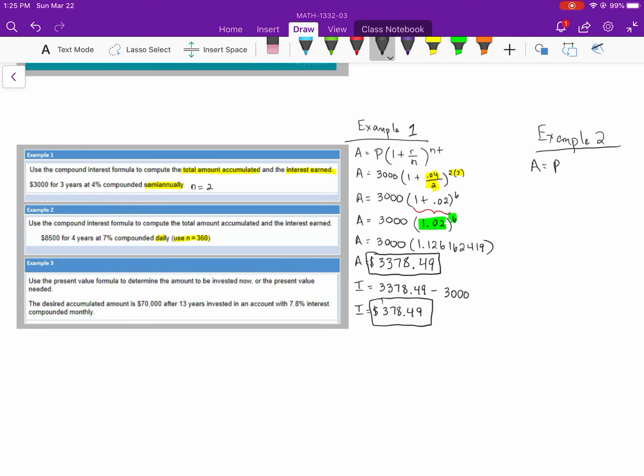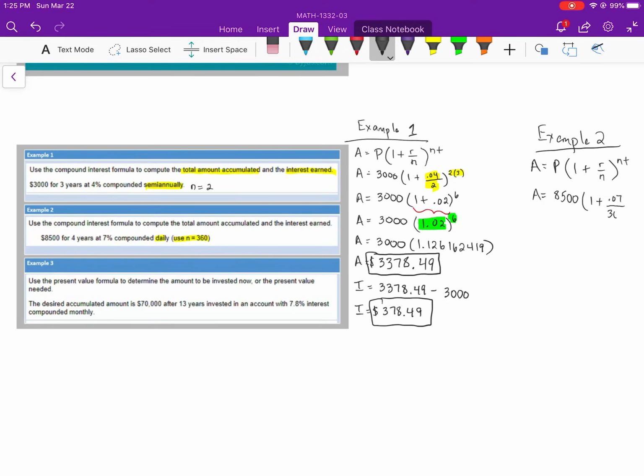All right, we're going to use that same formula. A equals P times parentheses 1 plus r divided by n, close parentheses, taken to the n times t power. All right, let's plug in what we know. We're trying to find A, which is my accumulated amount. My principal this time is quite a bit more than example 1, 8,500 times parentheses 1 plus my rate, which this time is going to be 0.07.